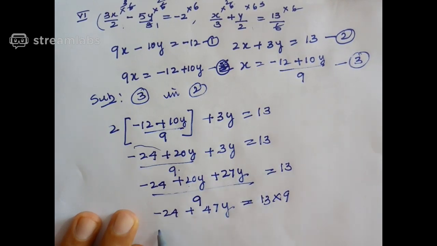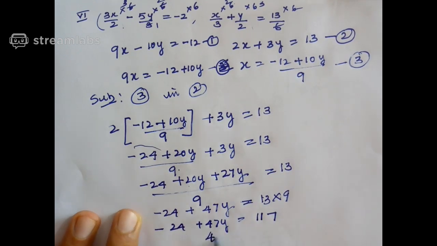9 goes that side. Minus 24 plus 47y is equal to 117. 13 into 9 is 117. That is 47y is 117 plus 24.